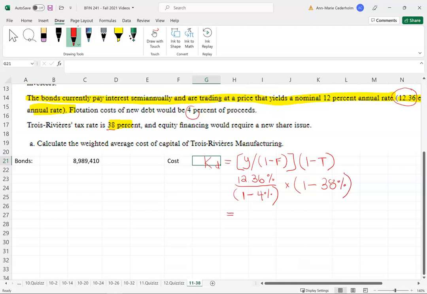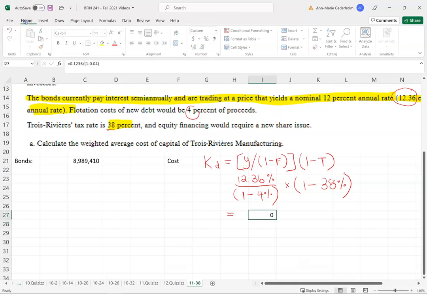So let's just see if I can actually get this formula in here properly. So 0.1236 divided by 1 minus 0.04. Okay, and then I'll put all of that in brackets because I want that to be the answer.